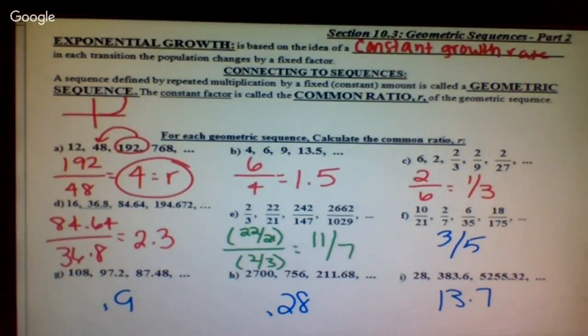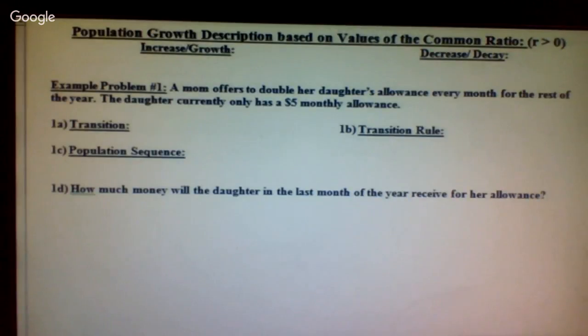All right, so how do I know if I have growth or decay if I just give you an R value? Your R value will never be negative. If your R value comes out to be greater than 1, that means I have growth, or it's increasing. So it can still be like 2.5.